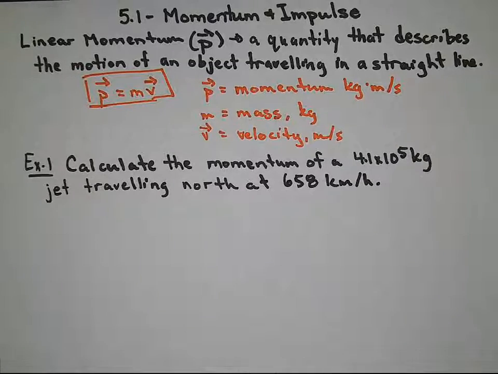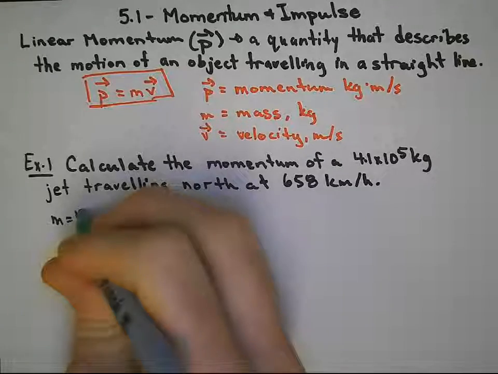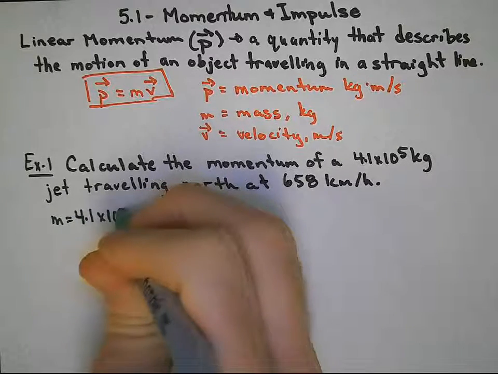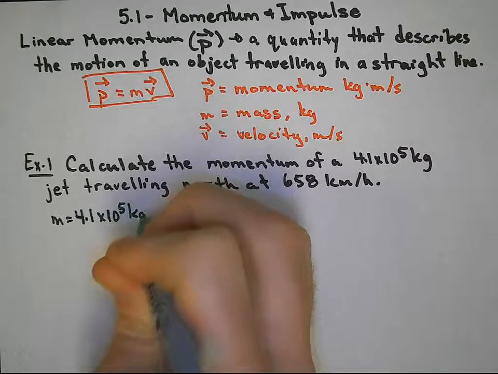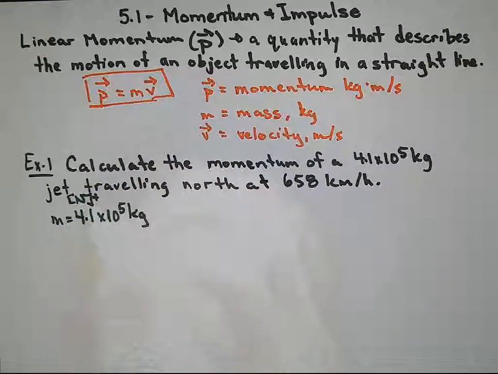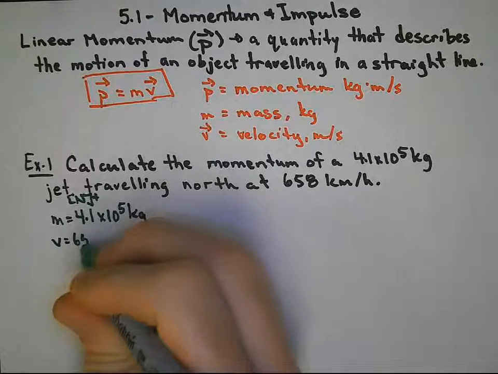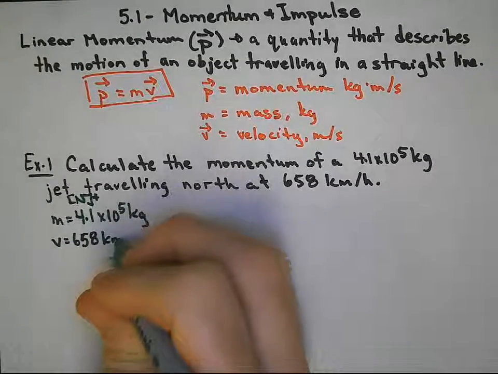Quite a simple question in this case because we are given both the mass and the velocity. Before I continue any farther, we're going to let north be positive. And we are given a velocity of 658 kilometers per hour.